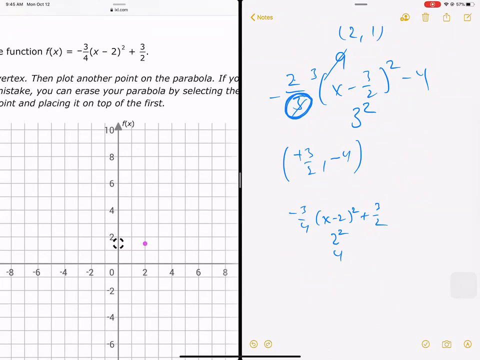Well, if you plug in x equals 4, isn't 4 minus 2 the 2 we wanted? I could count 4, but instead, I want you guys to just count 2 spaces. 1, 2 spaces. 2 squared is 4. Doesn't 4 cancel out with this 4? We're left with -3, -1, -2, -3.